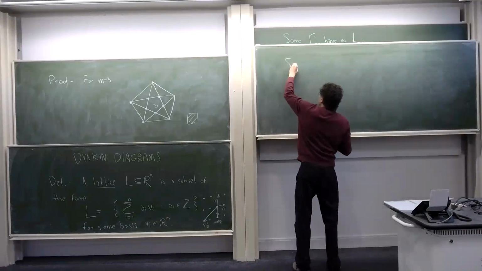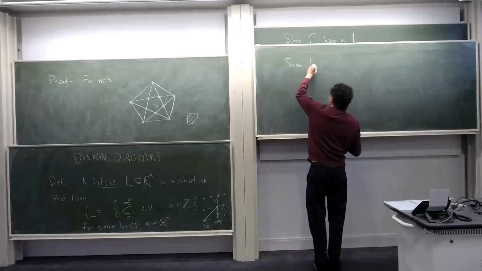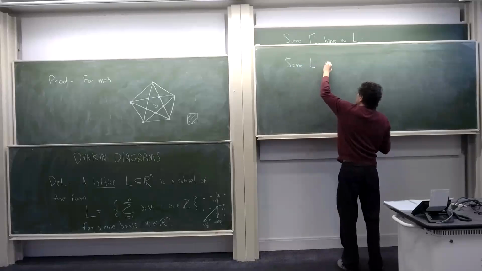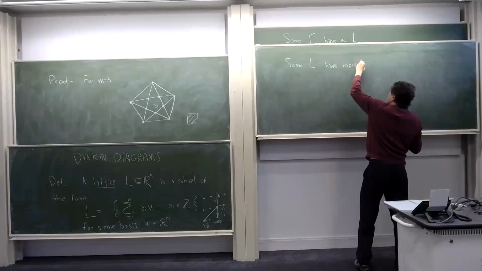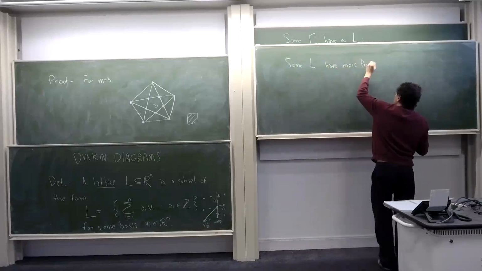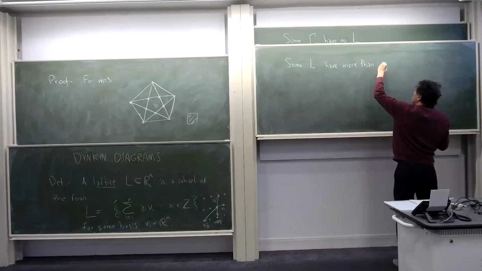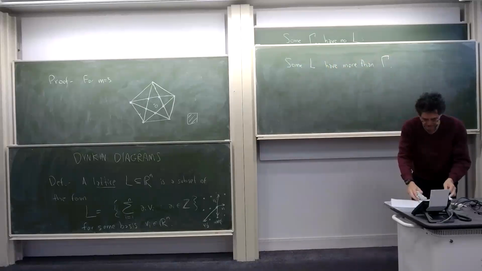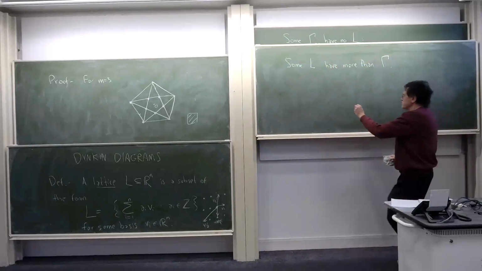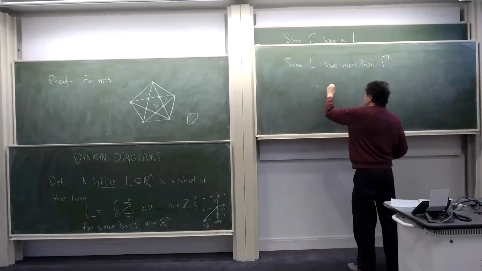So some lattices can give you root lattices with more than one finite reflection group. So here's a very simple example.